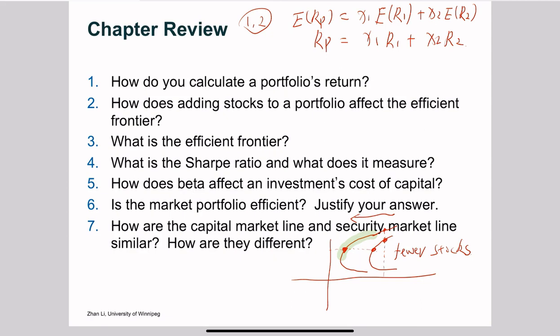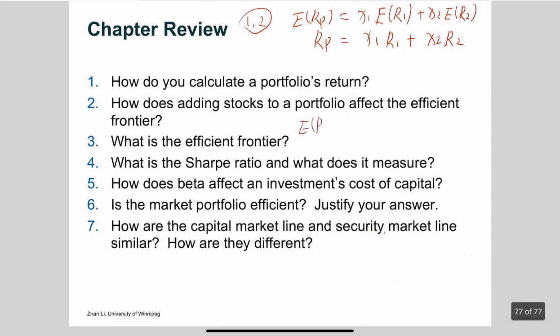The third question, what is the efficient frontier? So it's the curve or the frontier of efficient portfolios, right? Very simple. What is Sharpe ratio and what does it measure? So Sharpe ratio, at least according to our lecture note, is defined by expected return of your portfolio minus risk-free rate, divided by standard deviation of your portfolio.